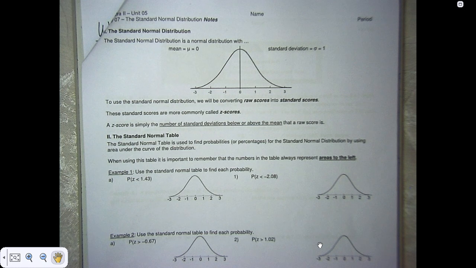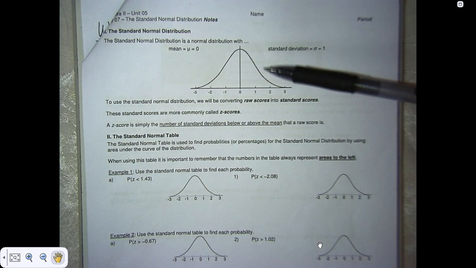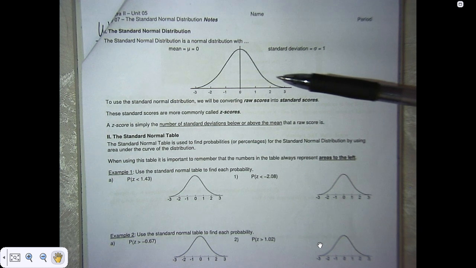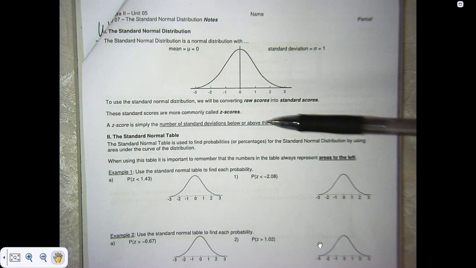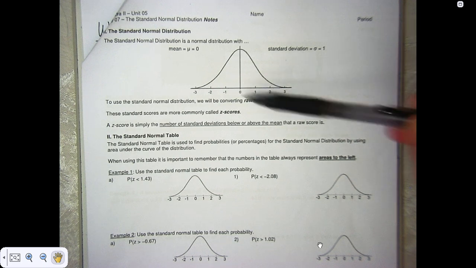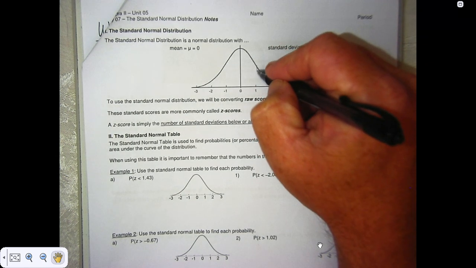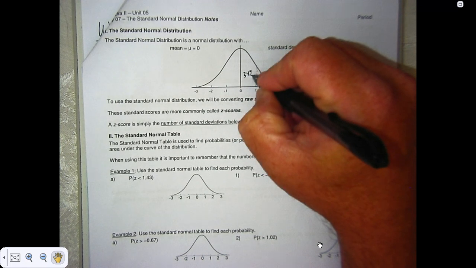Okay, the standard normal distribution is just like any other normal distribution, except its middle is always 0. And then the standard deviation is 1. So if I go up 1, that's where my inflection point is. Okay, and that's 34%.